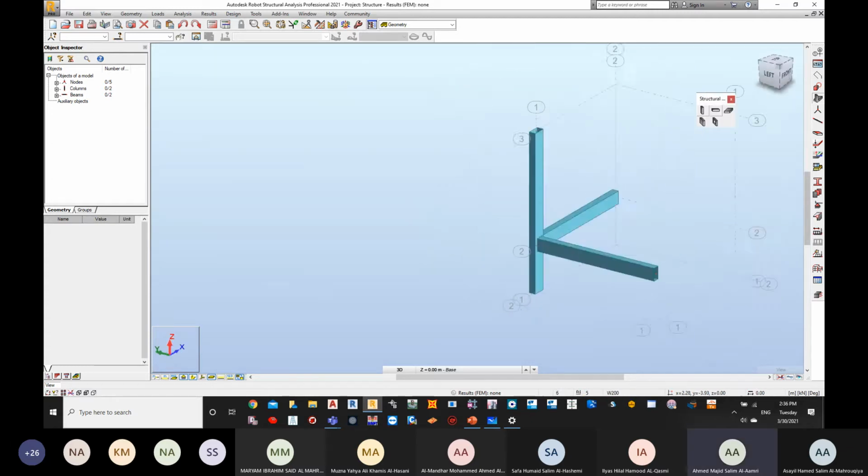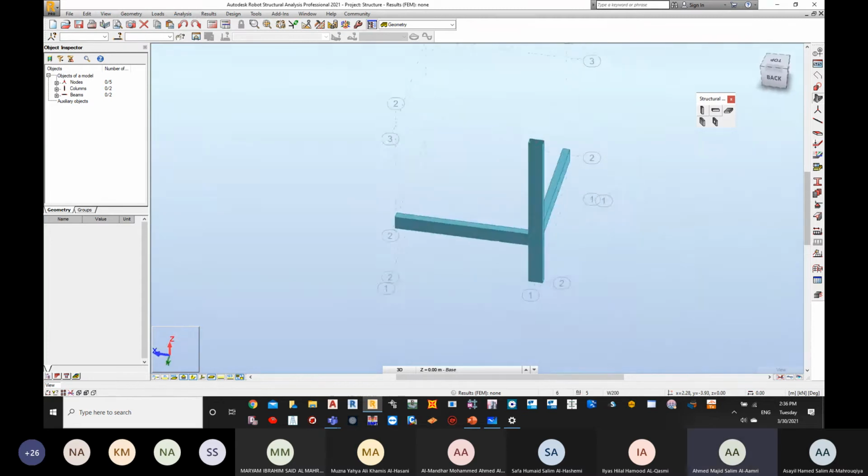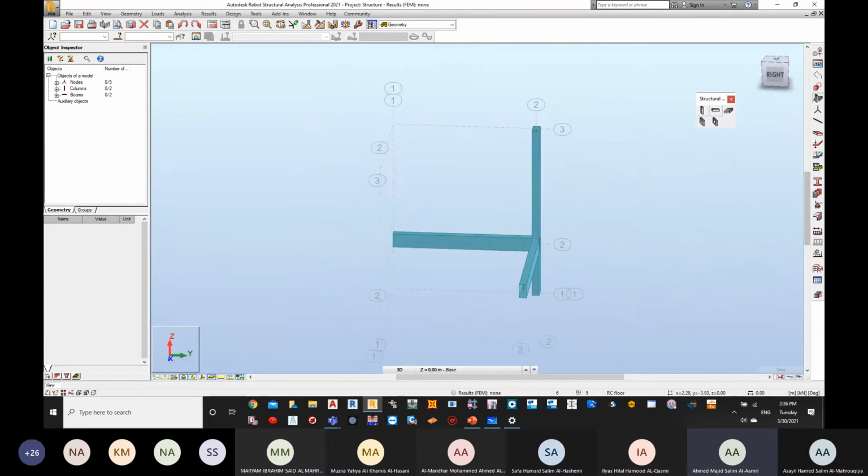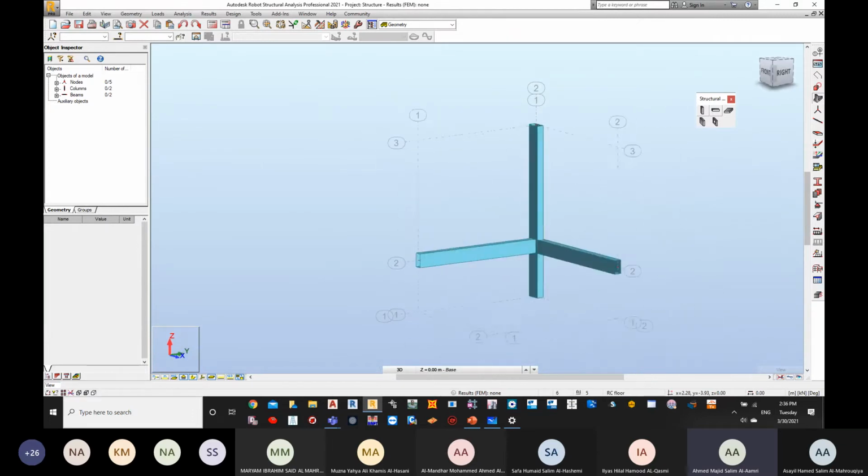Whether your beam is taken from this view or from the other view, your column has been cut in two different directions. That's why the code has specified LEX and LEY. You have two directions where you need to see your column.